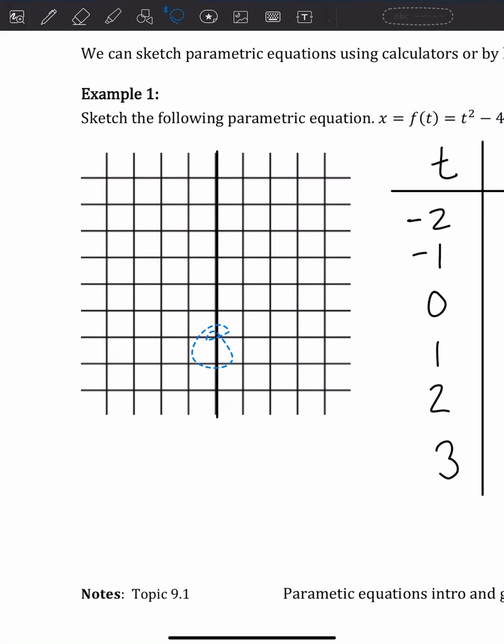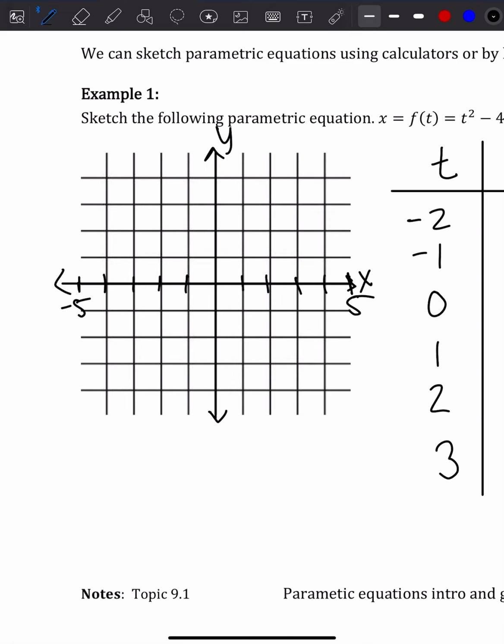So we have x, we have y. So this would be -5. So this would be +5. Make that 2.